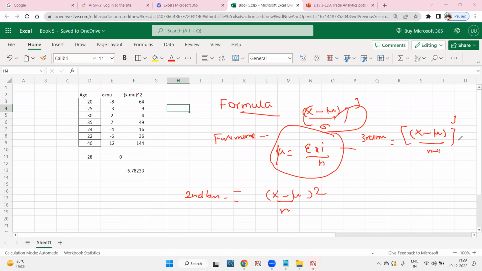So this talks about the third moment of business decision. The first moment we understood, the second moment we have tried to understand, and we'll learn the third moment also.